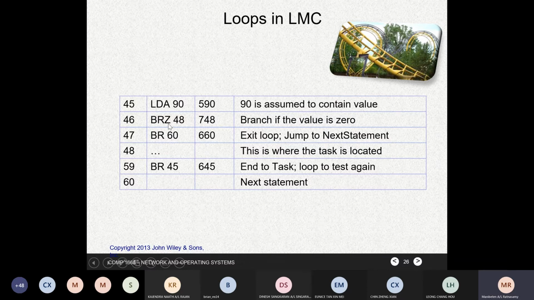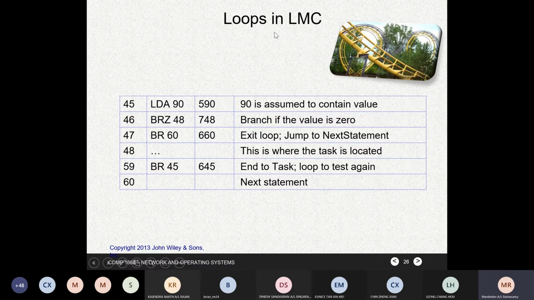Branch, if the output is 0, where to branch? Branch to 48, mailbox 48, branch to here. Must pay attention because your program will be like this. Branch 48 means you branch from mailbox 46, you branch to mailbox 48. Branch to 60 means you branch from here to 60.